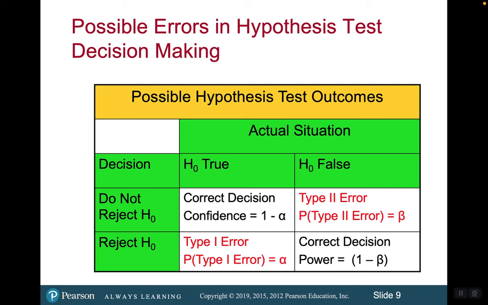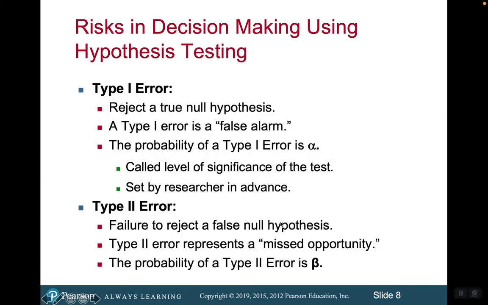The state is either H0 is true or H0 is false, and then we have our decision, which is we do not reject H0 or we do. A correct decision, confidence, is 1 minus the probability of our type 1 error.